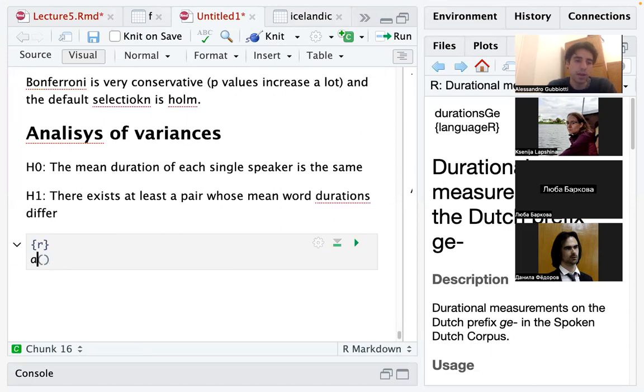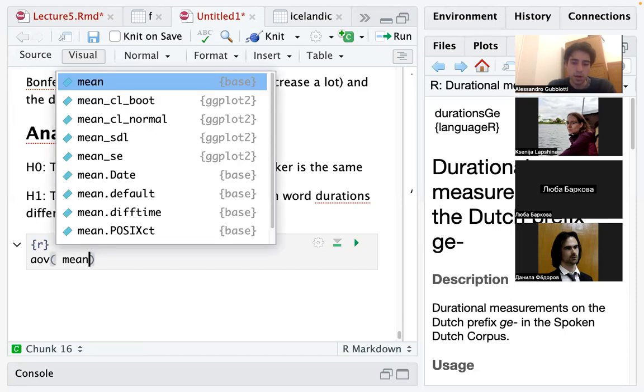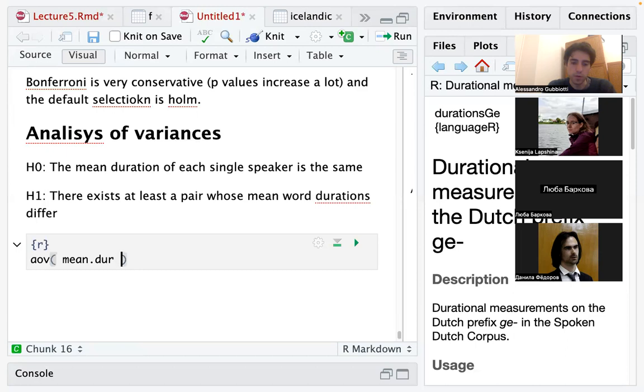There is also ANOVA, I guess. Maybe this is more basic, but I will use this analysis of variances. And we put here the variable we want to predict, which is the word duration, and the predictor is the speaker, and the data is Icelandic.